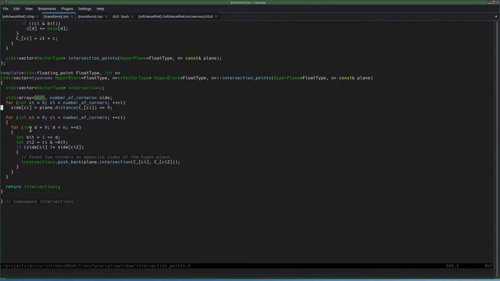And then toggling bits in the direction again X first. Meaning that we first flip the X, go to the other side by flipping the X side, and then we flip just the Y side. And then I compare the boolean just to see that they are on opposite sides, and if so, then we add a new intersection.